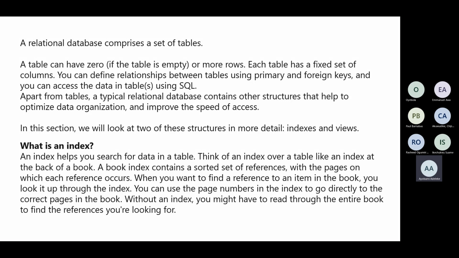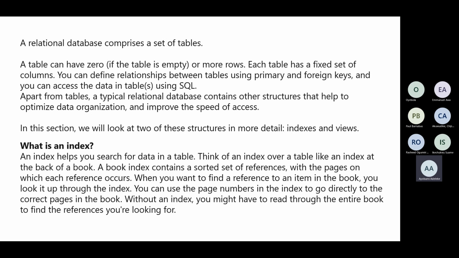A table could have 0 or more rows. 0 means the table is empty, there's no data in it. But it will definitely have columns, maybe 1 at minimum. Each table has a fixed set of columns. You can define the relationship between tables using primary and foreign keys, as we saw in the data model earlier. And at the same time, you can access the data in your table or tables using SQL.